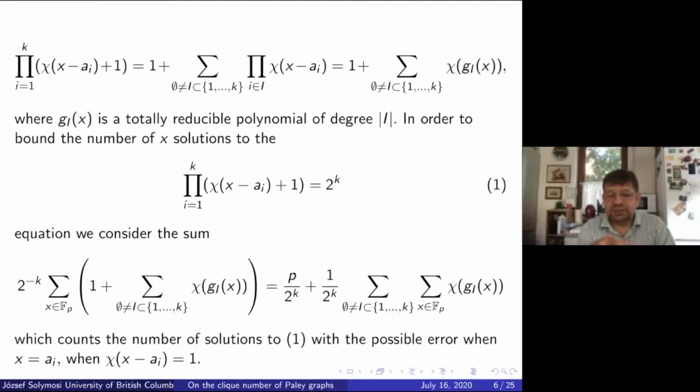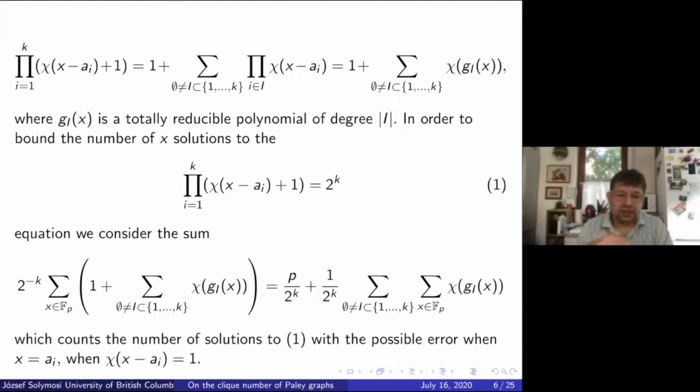So let's go back. That's our counting function. I just repeat here this product, what we have down there, but we already modified it. We have a different form now. And in order to count it, this gives 2 to the k whenever x is such an element, E in the previous statement. So I divide it by 2 to the k, and it will count 1. Every time you have an x which is a good element, where all the differences to the other elements are quadratic residues, then it will count 1.